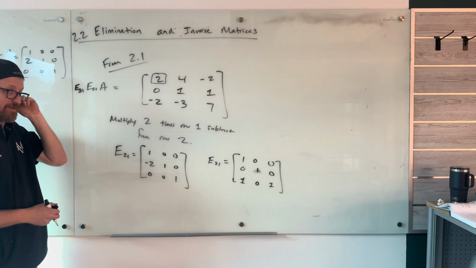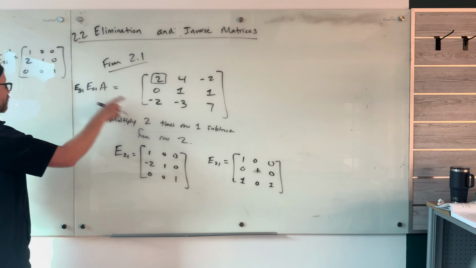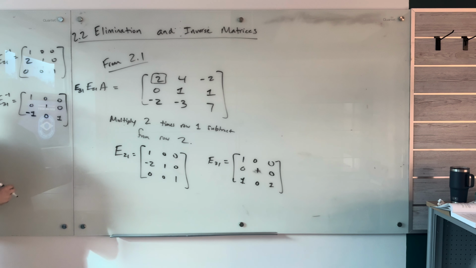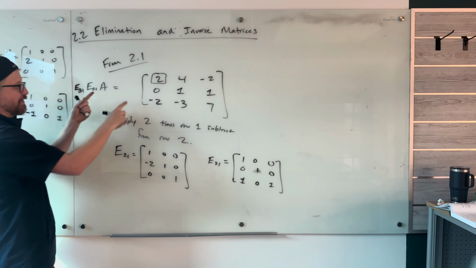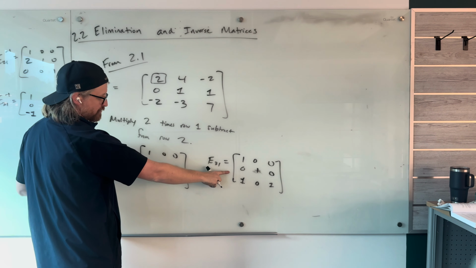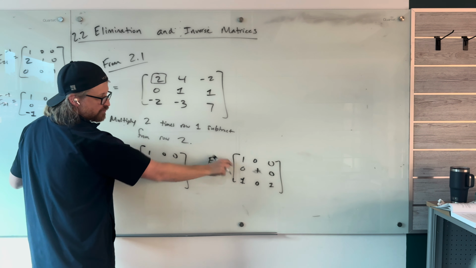So just something to keep in mind, because that means when I come over here and I want to think about my inverse for E31, 1, 0, 0, 0, 1, 0, this is negative 1 because we're taking the opposite sign. Just remember that. It's kind of tricky to think about. Now, if I multiply this matrix, which is E21 times A, by this matrix, again, first and second rows are going to stay the same.